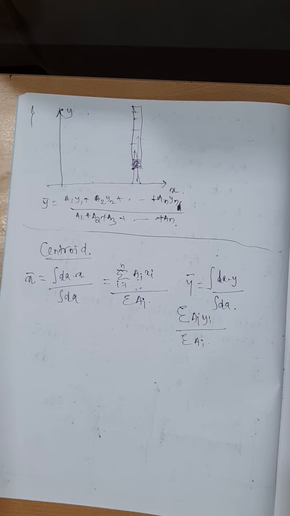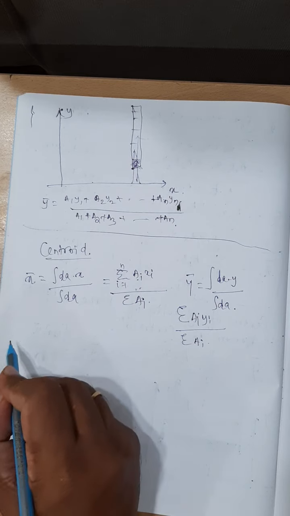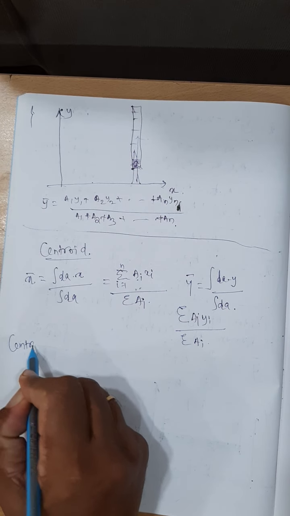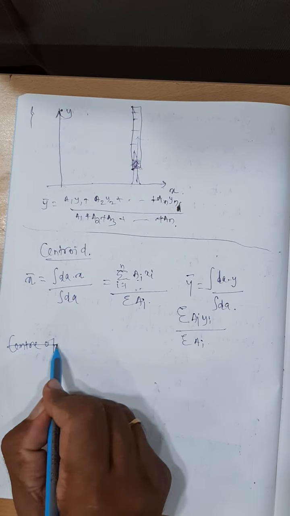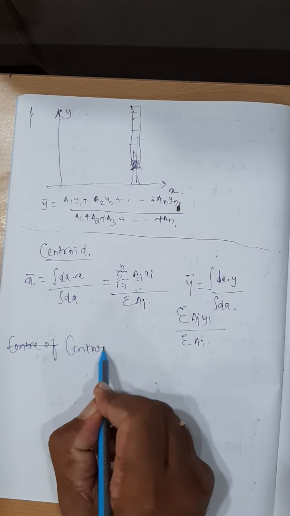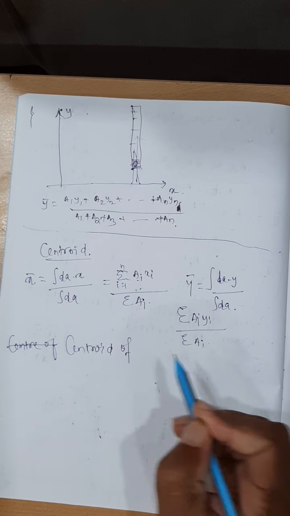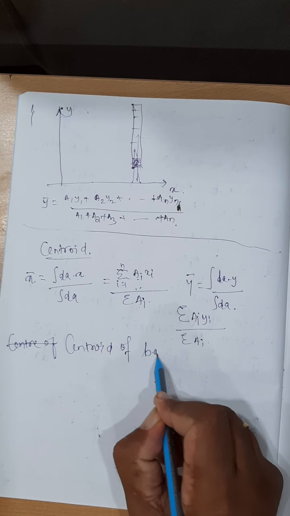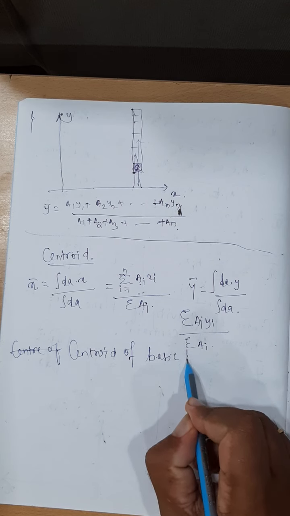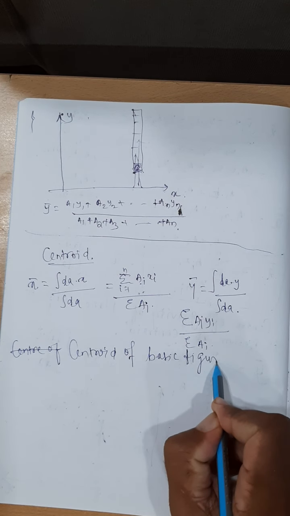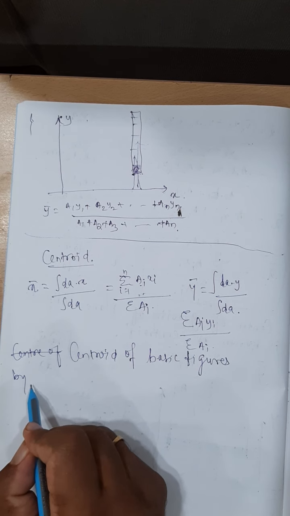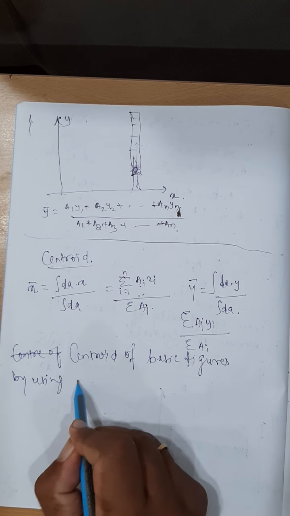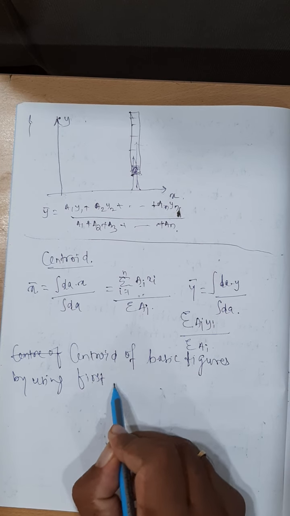Now, by using the first principle, in the sense that we do not know the location of the center of gravity of the figure, we are calculating the center of gravity, or centroid, of basic figures by using first principle.